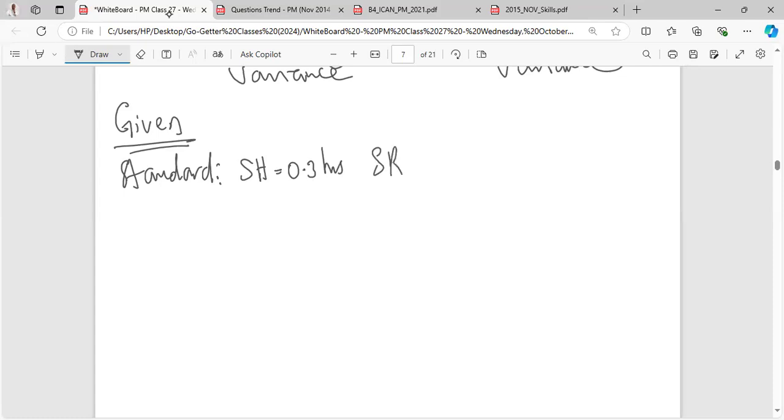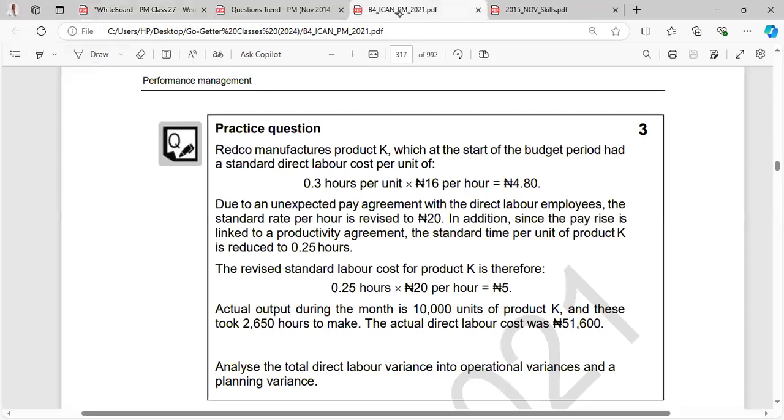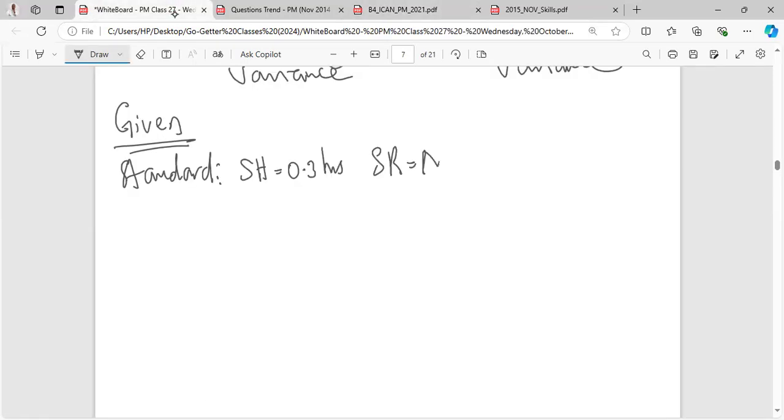Standard rate, we are told that standard rate is 16 naira per hour. Okay, so we can just say something like this: 0.3 times 16, which gives us 4.8. This was given to us.